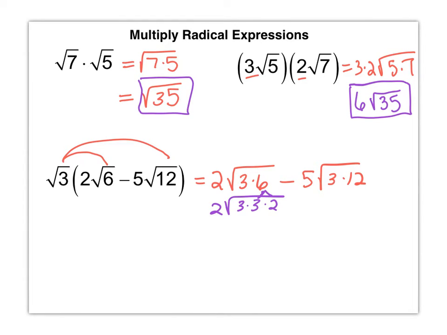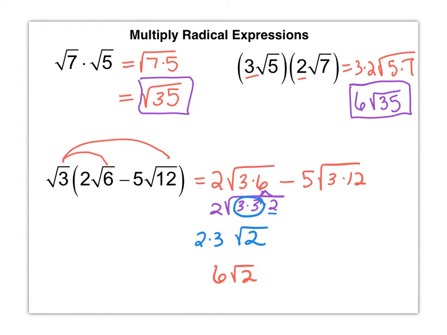So this becomes 2 times the square root of 3 times 3 times 2. And with those 3 times 3 being a perfect square, that can simplify to 2 times 3 out in front of the radical, and this 2 factor that's not part of a perfect square stays under the radical. So our first term is simplified to 6 square root of 2. Now let's look at the second term and simplify that as well.